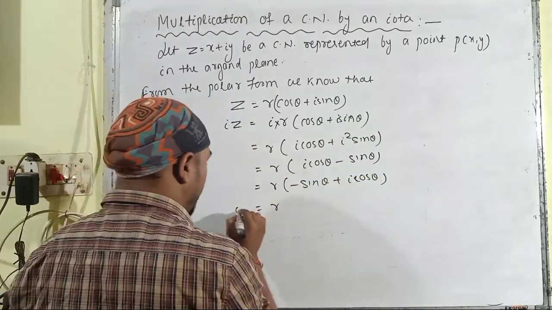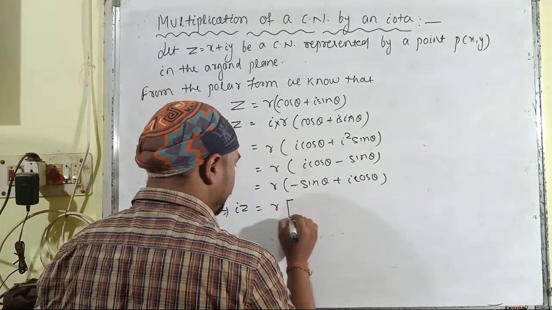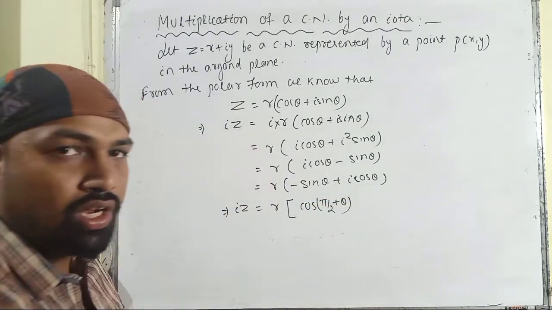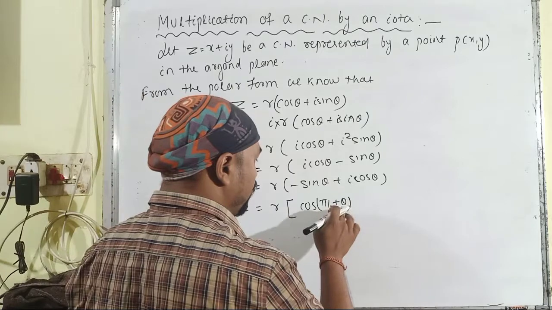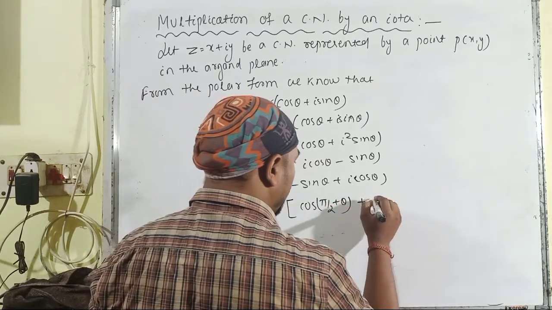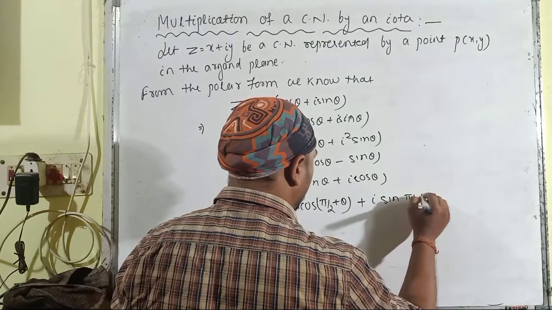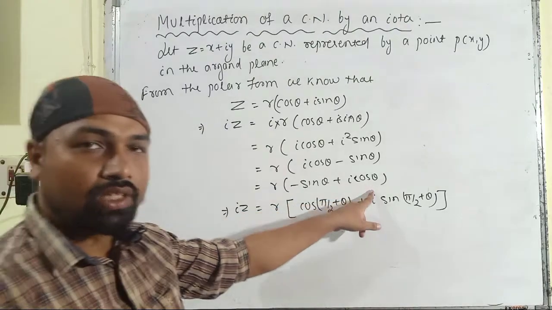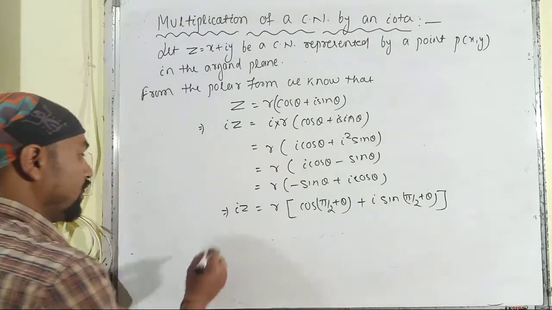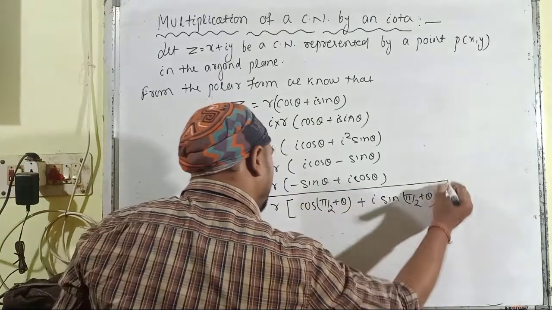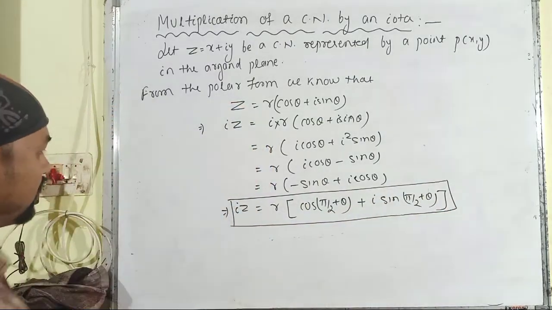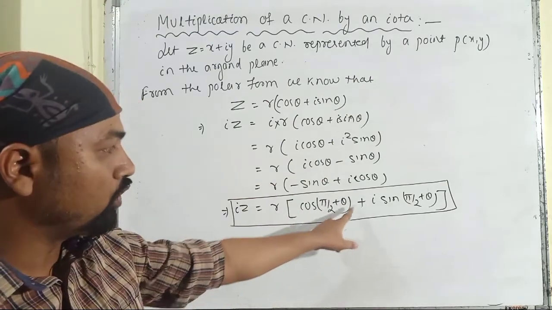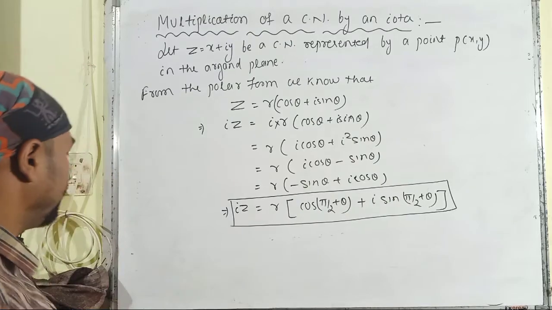Then this is iz = r (cos(π/2 + theta) + ...). I have used the trigonometric formula: cos(π/2 + theta) is −sin theta, and sin(π/2 + theta) is written in place of cos theta. So here we have reached the final result, where iz = r (cos(π/2 + theta) + i sin(π/2 + theta)).